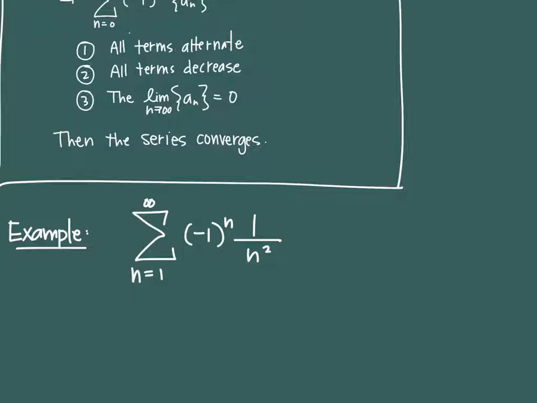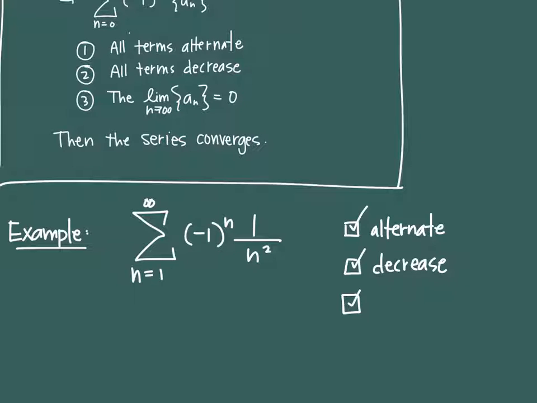So it's sort of like a checkbox thing. Checkbox: yep, they alternate. I know they're going to alternate because of the -1 to the n. Checkbox number 2: yep, they decrease. I know they're going to decrease because n squared is just going to continue to grow really large, and so my terms are going to get really small.